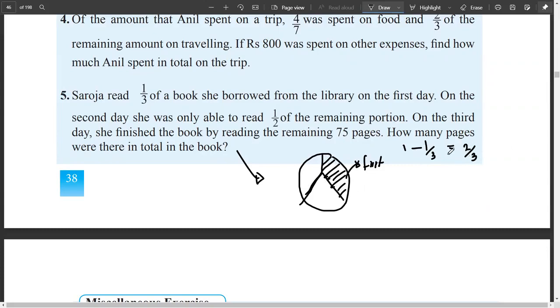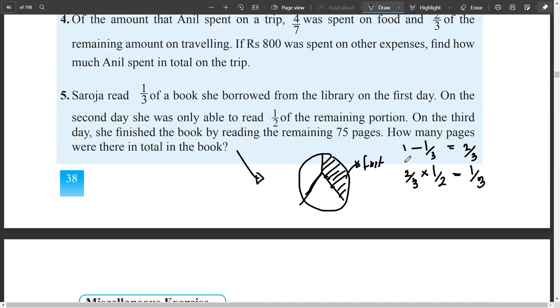So you have to write this. Okay, 2 over 3. So on the second day, she was only able to read half from the remaining portion. It means from this 2 over 3, by the end of the second day, she read half of the remaining from the first day. So now the value is 1 over 3.